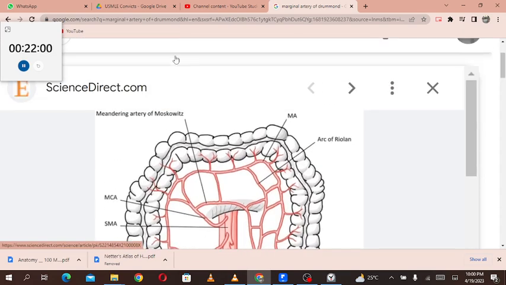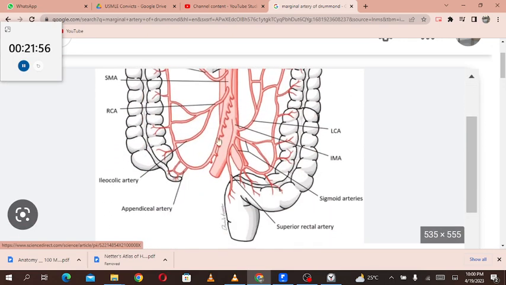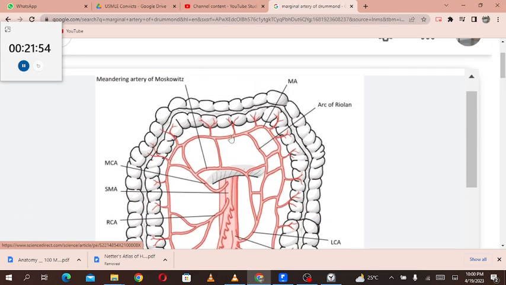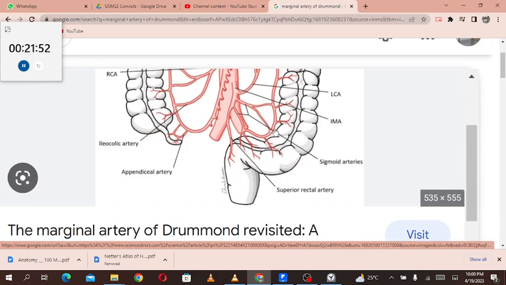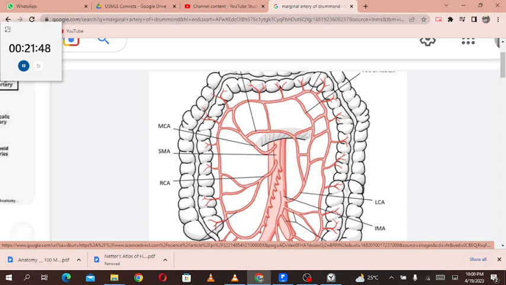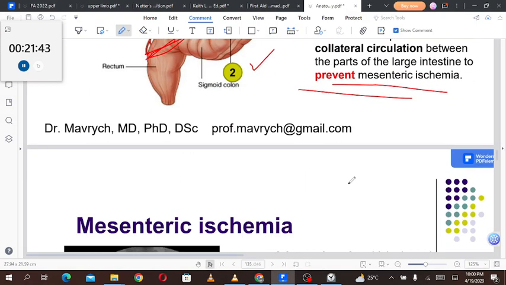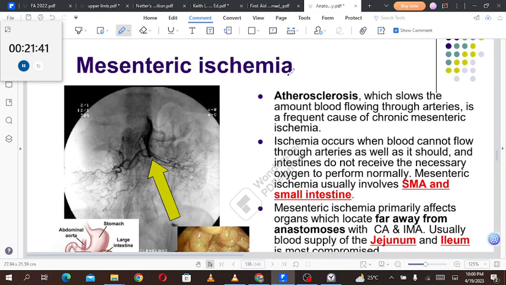So this is MA, the marginal artery. So this continuous artery from here all the way moving upwards, and then this one and this one. So this is the marginal artery of Drummond. So remember this, and then we'll move forward to the next part of the PDF, next page, I guess, next point. So next, no, it's mesenteric ischemia.